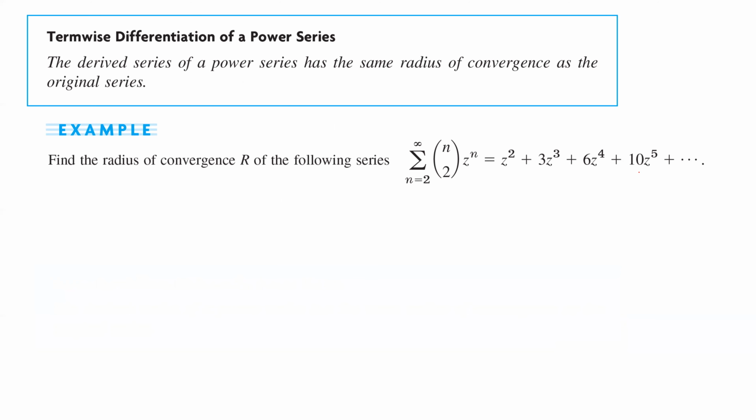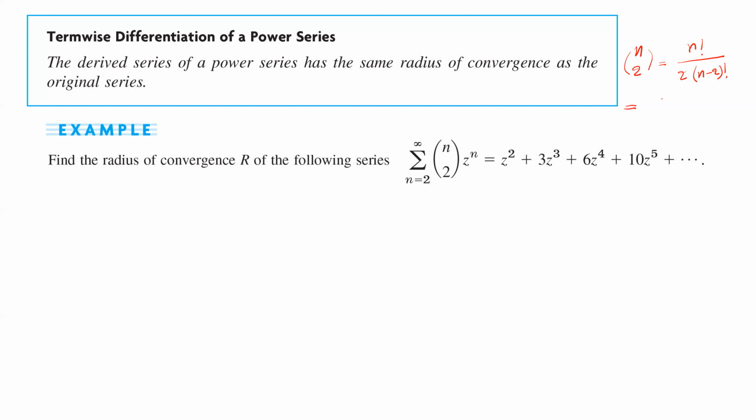For example, this is the series of a combination of n and 2, meaning 2 objects out of n objects, combination, z to the n. You know, this combination formula n choose 2 becomes n factorial divided by 2 factorial times n minus 2 factorial.